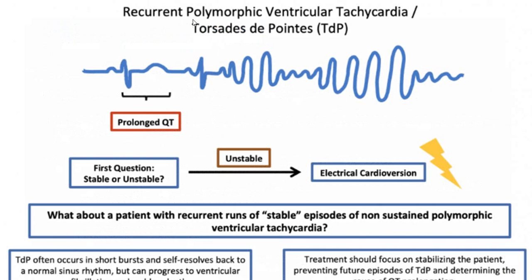If a person has a recurrent polymorphic ventricular tachycardia, that is Torsades De Pointes, and if the person is unstable, then electrical cardioversion is a must. If the person is stable, then you can go for magnesium, potassium, or other treatment.